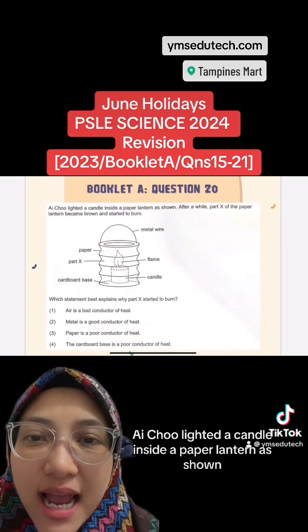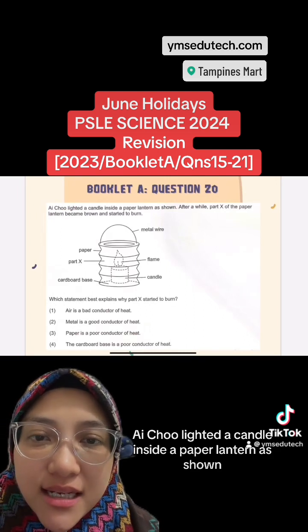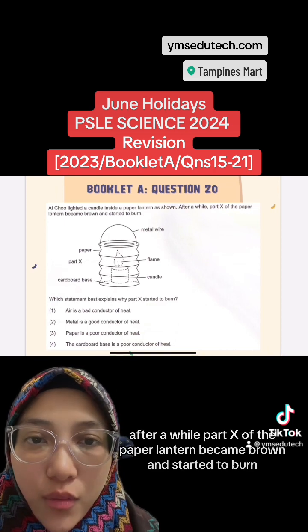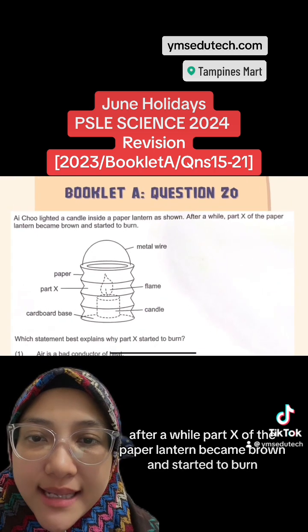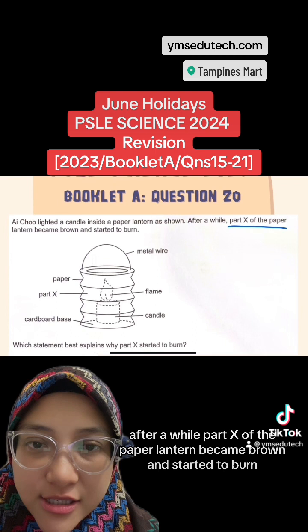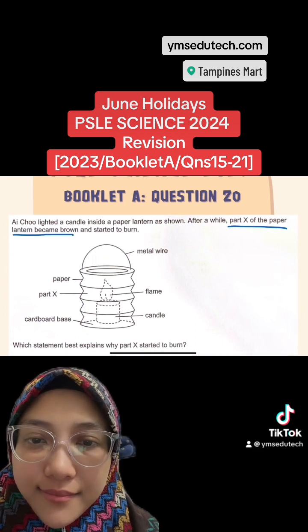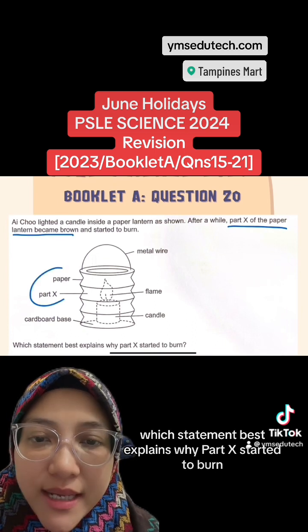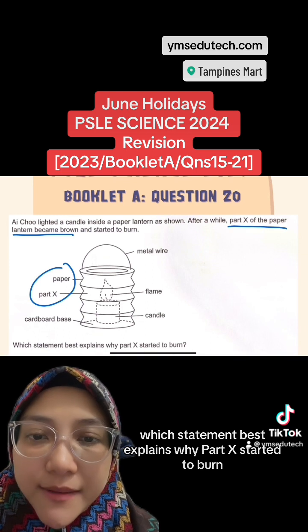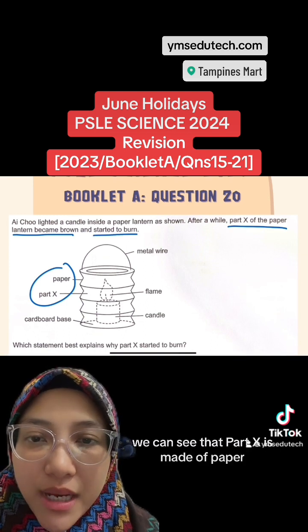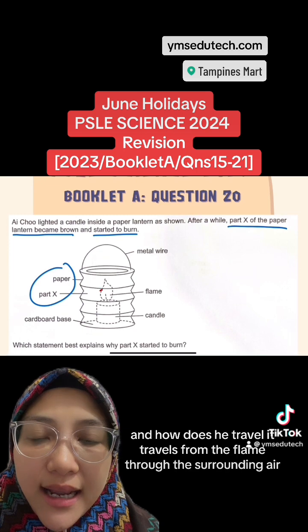Question 20. Ai Chu lighted a candle inside a paper lantern as shown. After a while, part X of the paper lantern became brown and started to burn. Which statement best explains why part X started to burn? We can see that part X is made of paper. And how does heat travel?